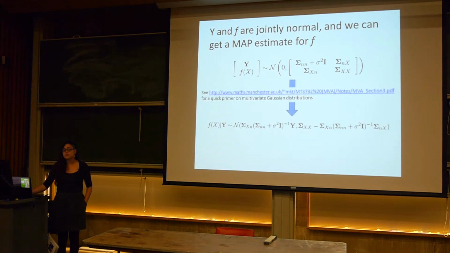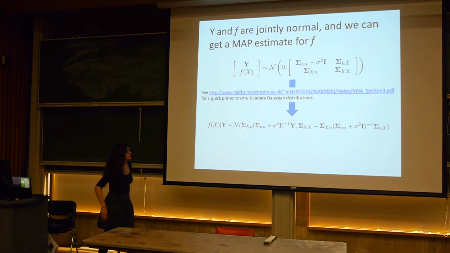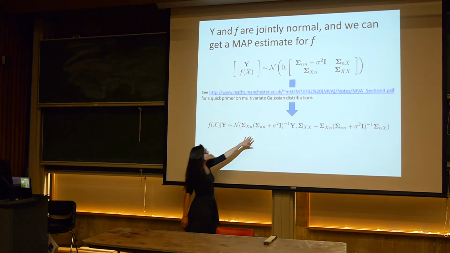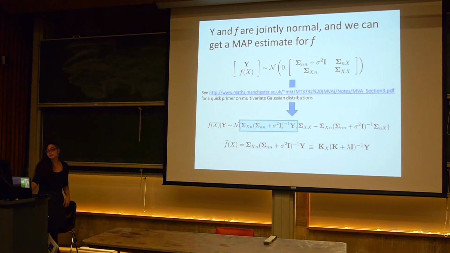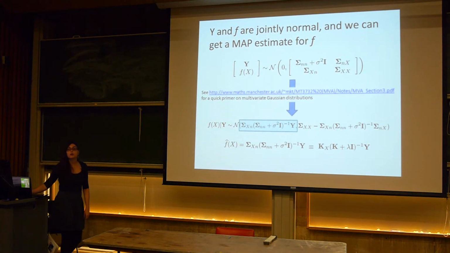Okay, so we do some stuff, and we know that f of x given y is drawn from this distribution with this mean, which should already look familiar. It looks exactly like the kernel result that we got just from doing matrix stuff on our original result.